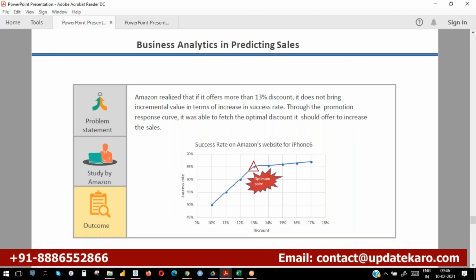Then they decided to put 13% as the flat discount value, not beyond that. If you go beyond that, we don't have an increase in the sales. Likewise, this kind of analytics can be done in this arena of business analytics.